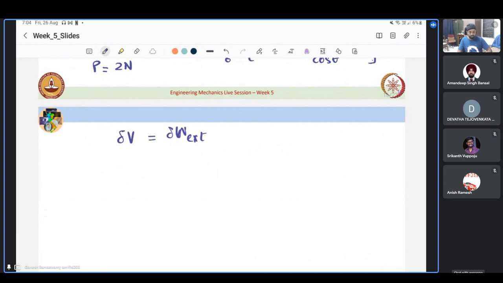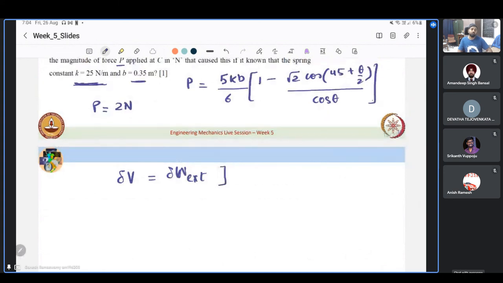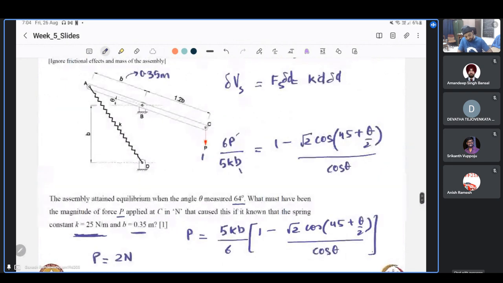So this requires us not to segregate the system. What we did here was we separated this out and then applied Fs, and we knew that Fs is invariably in the negative direction with respect to the applied displacement. So we just substituted the contribution of the spring force as negative.